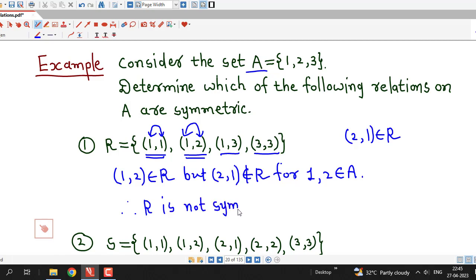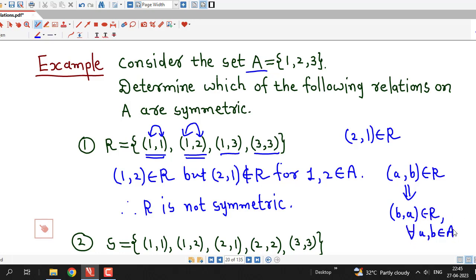If R is symmetric, then we must have AB belongs to R implies BA belongs to R for all A, B belongs to A. If this happens, then R is symmetric.